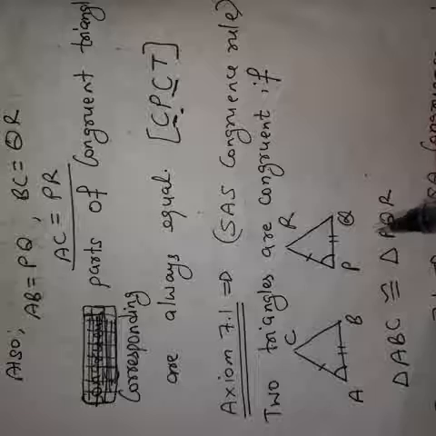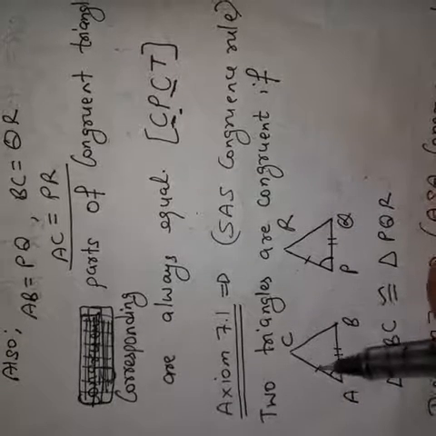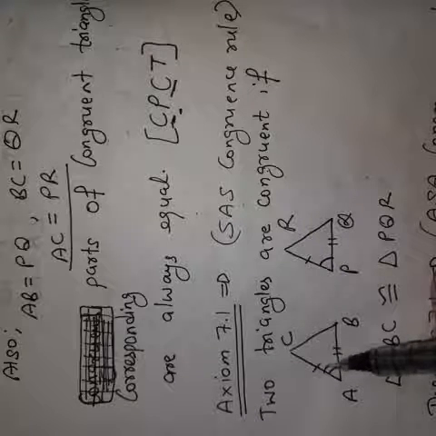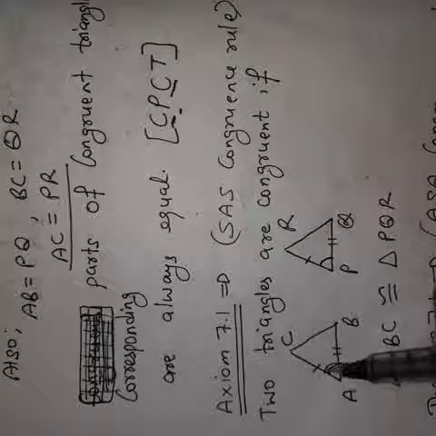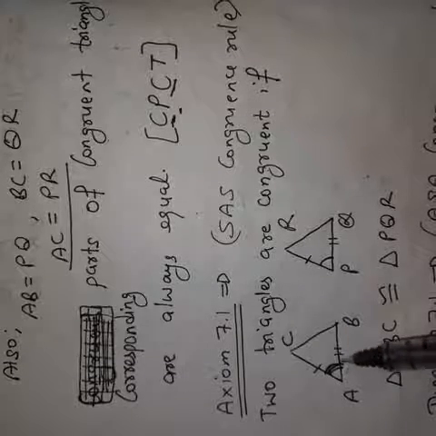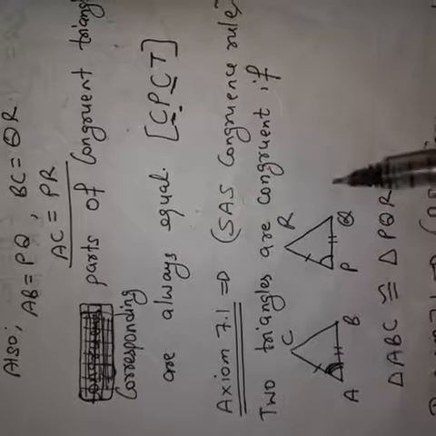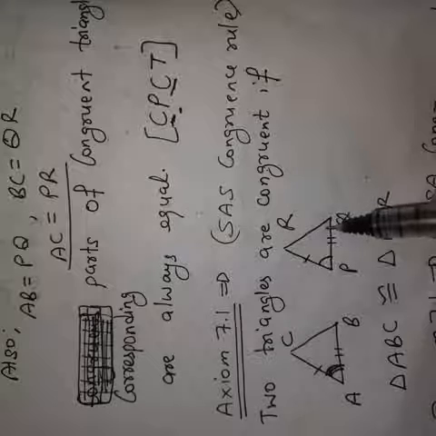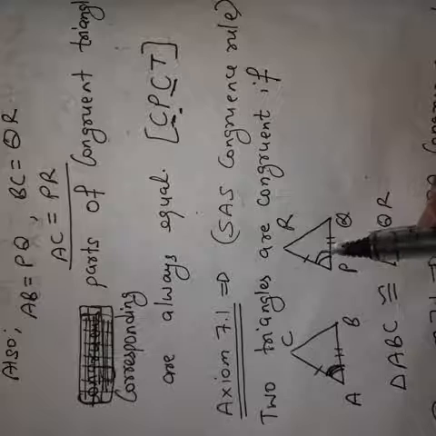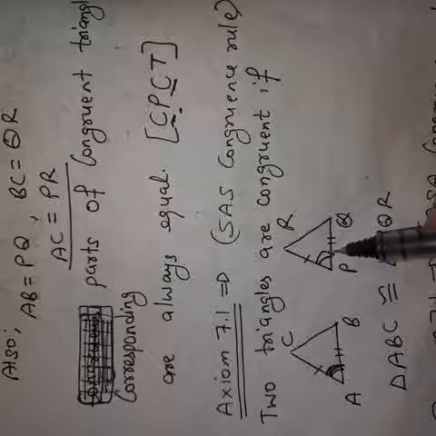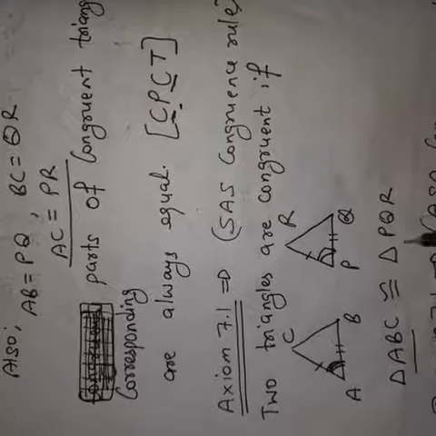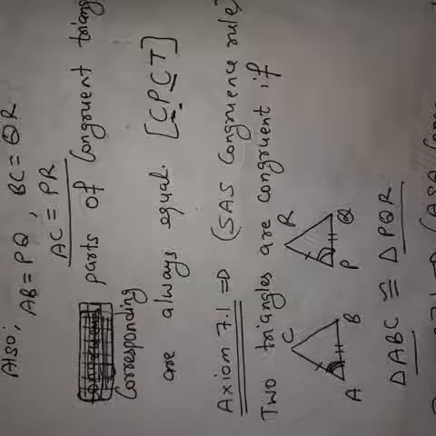If in any triangle we prove that any two sides and angle between these two sides, कोई दो sides और उनके बीच में जो एंगल बना है वो एंगल और वो दोनों साइड किसी दूसरे ट्रायंगल के किन्हीं भी दो साइड्स के इक्वल हों और उनके बीच में बना एंगल भी इक्वल प्रूव कर दें हम, then we can say that both of these triangles are congruent to each other.